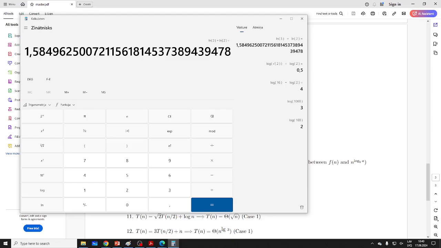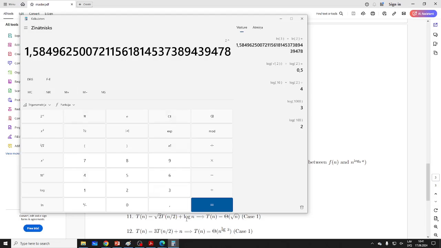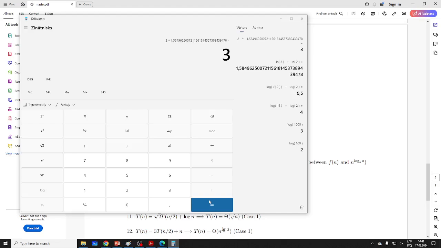Because 2 to the power of 1.58 is going to be 3, basically. Let's see, can I use memory? Add memory. Okay, to prove it, 2 to the 1.58, recall, yeah, it's 3. Just a sanity check.